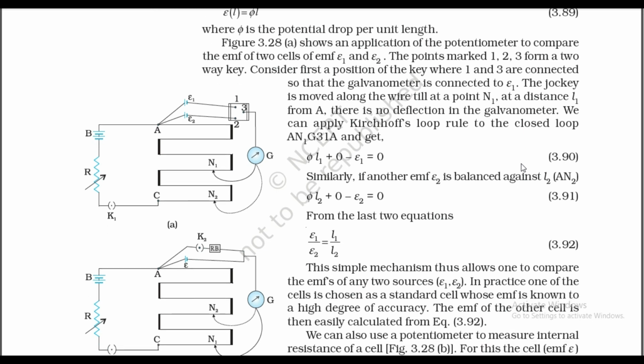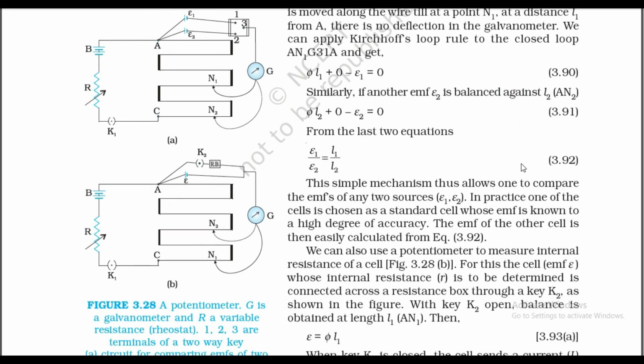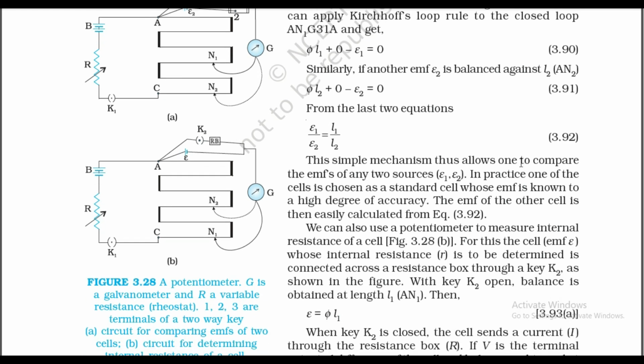We can apply Kirchhoff's loop rule to the closed loop A N1 G 3 1 A and get φl1 + 0 - ε1 = 0. Similarly, if another EMF ε2 is balanced against l2 (A N2), φl2 + 0 - ε2 = 0.